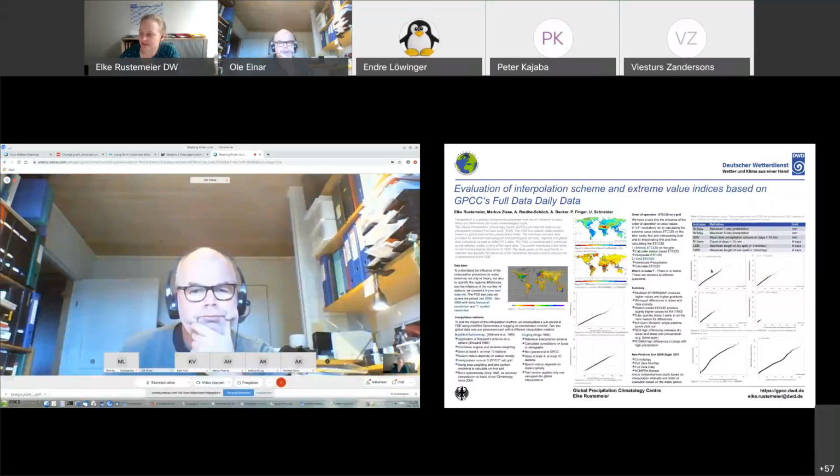So there is not really a difference on how many time series per grid are used to calculate the grid, which was really astonishing to me. I expected that differently. And the Rx1 is pretty similar on the order of operation, while if you look on other extreme value indices, the differences are quite high, as you can see in the bottom. So that was my short introduction to the poster.